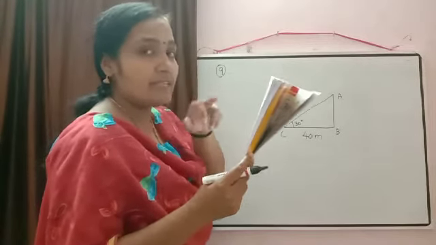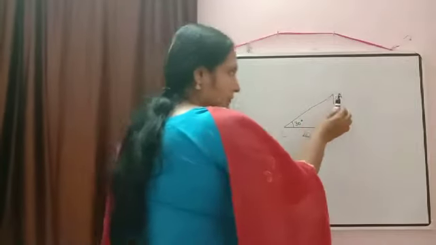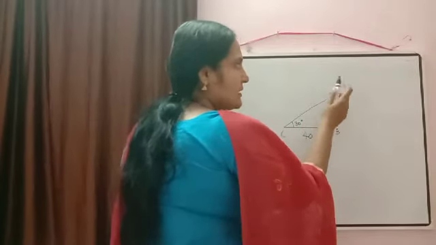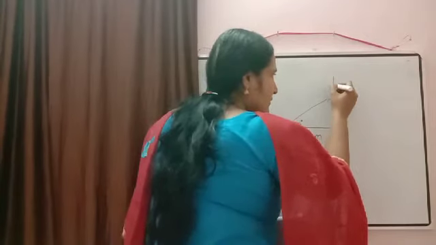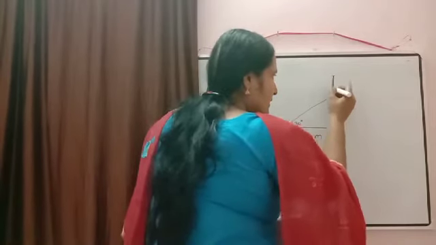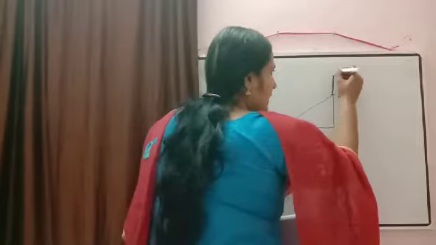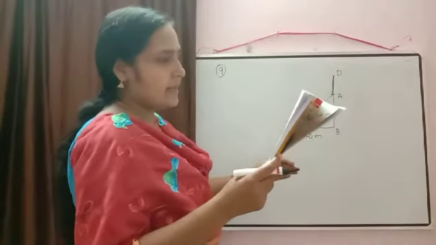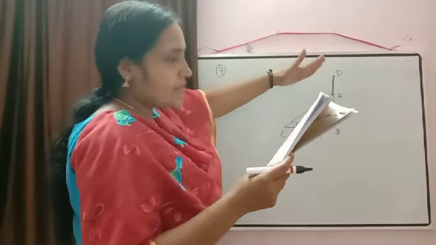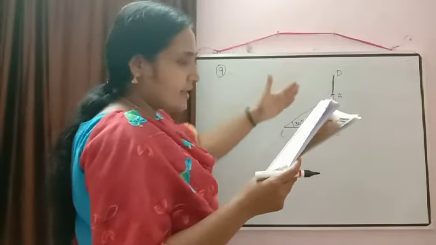On the top of the tower. This is the tower, and on the top of the tower we have a water tank. So suppose we take this as the water tank. I am marking the point as D. So the angle of elevation of the top of the water tank is 45 degree.